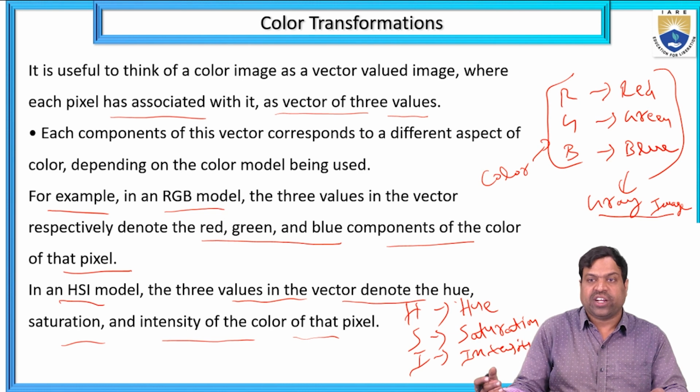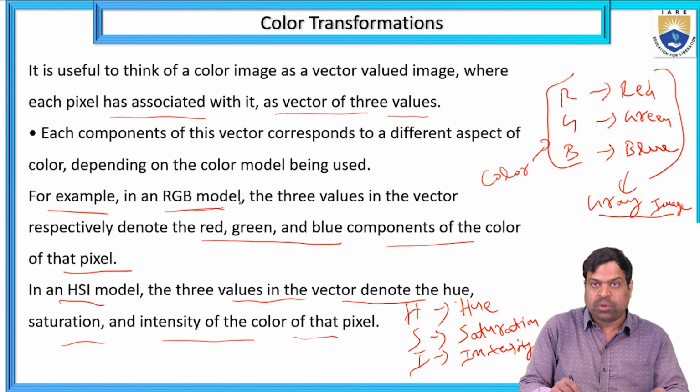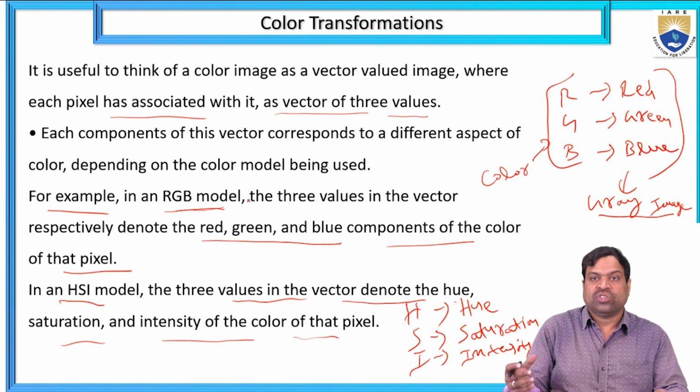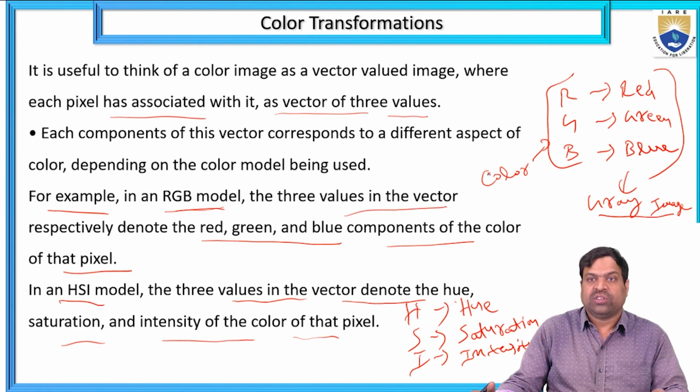These are the other technique of the color image. Suppose I am taking the RGB model, the image is a form of only these three colors, in vector form, the red, green, blue components of the color of the pixel. But the HSI model is another type of model, where the vector denotes the hue, saturation and intensity of the color image pixel.